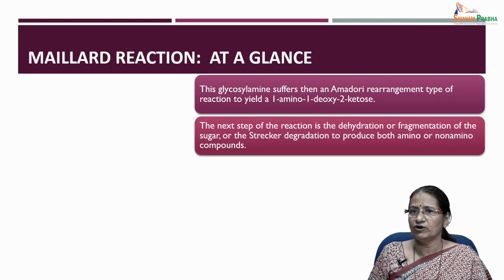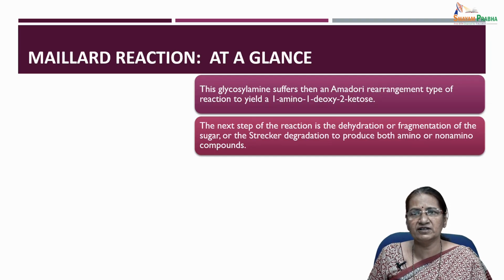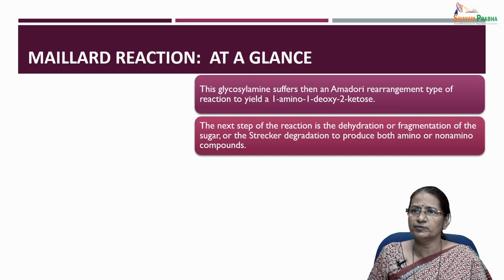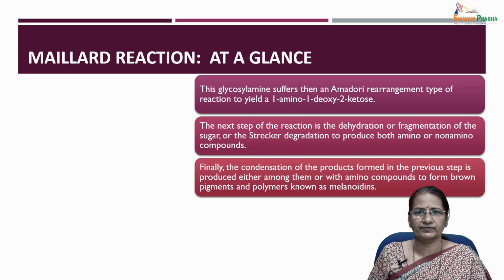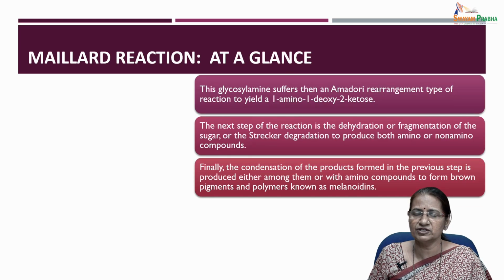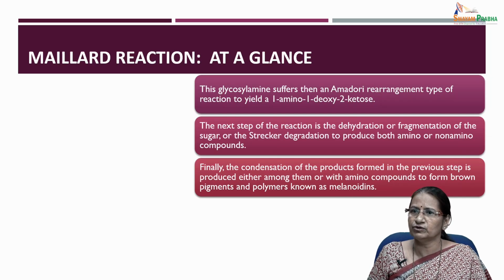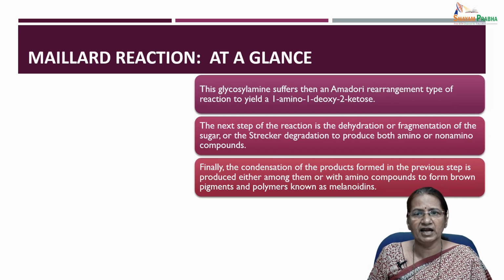The next step of the reaction is the dehydration or fragmentation of the sugar or the Strecker degradation to produce both amino or non-amino compounds. Finally, the condensation of the products formed in the previous step is produced either among them or with amino compounds to form brown pigments and polymers known as melanoidins.